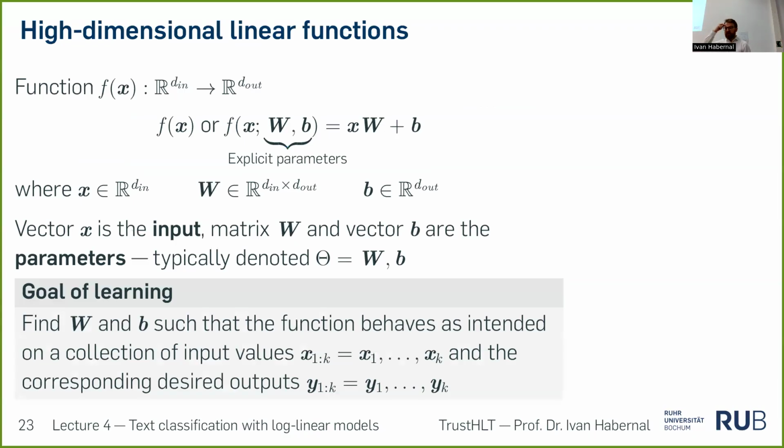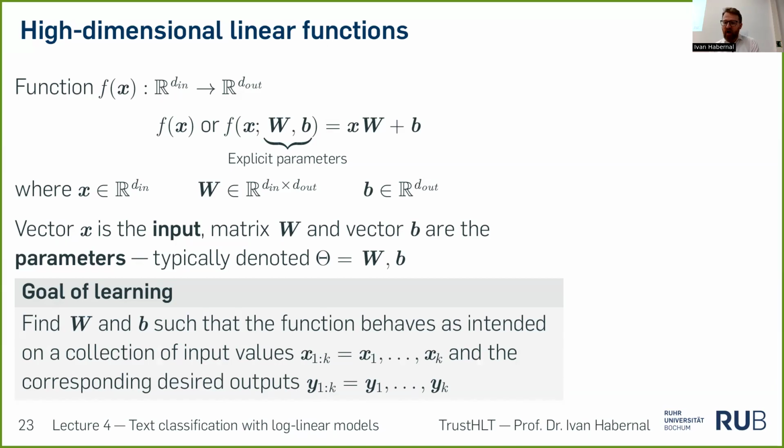So now we have to describe our function. Our problem of learning, as we discussed, is that we have a function which maps input to the output, and the function could be anything. But we're going to stick now to a very limited function, which has some parameters and some form.